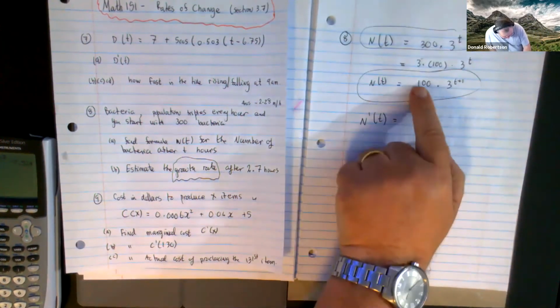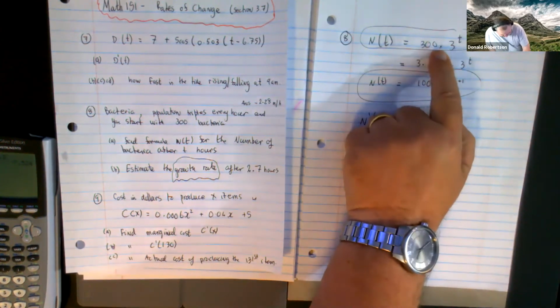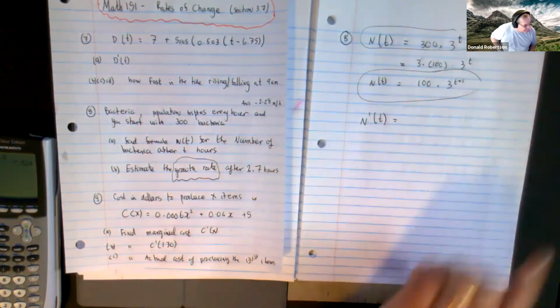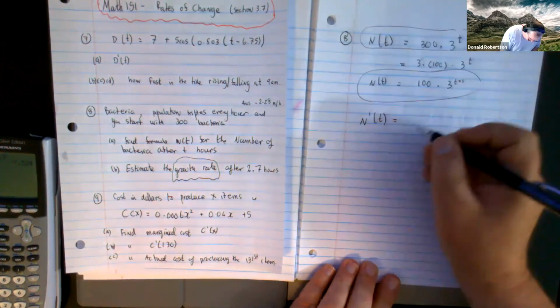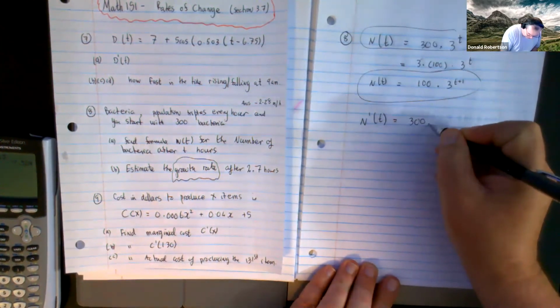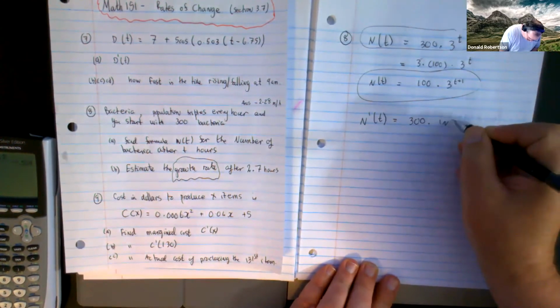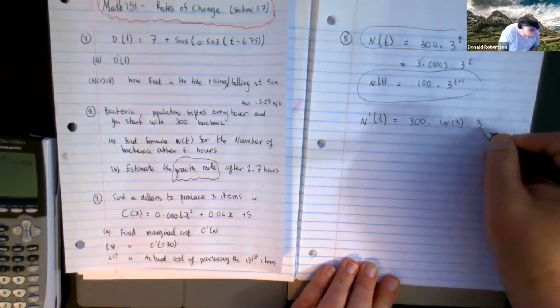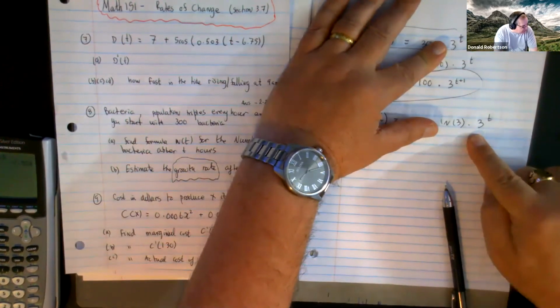Well, let's do this version. I like this version better. 300 times 3 to the power of t. If you want to differentiate 300 times 3 to the power of t, don't you get 300, right? And the derivative of 3 to the power of t is the natural log of 3 times 3 to the t. Agreed?